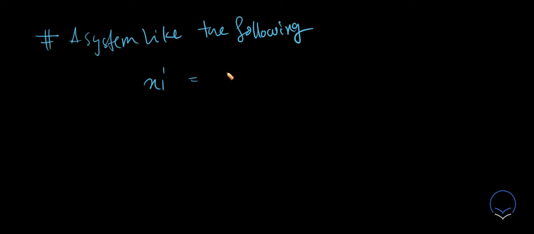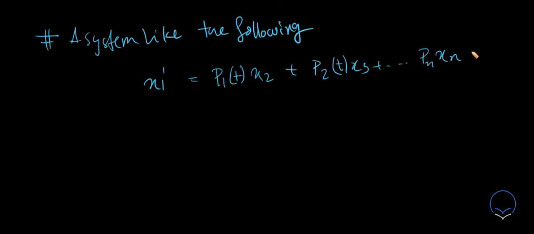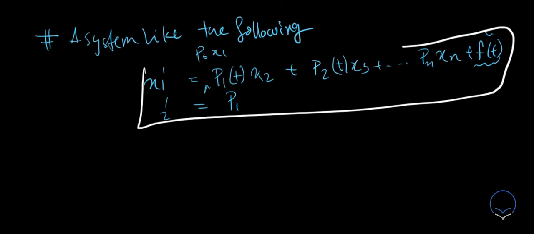And let's say this is expressed as p1(t) x1, which is a function of time, plus p2(t) x2, p3 x3, and so on, up to pn xn. And there is another function, and this is the non-homogeneous term. And similarly for x2 prime, there can also be a p0 x1 term like this.